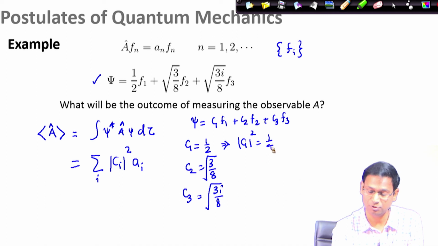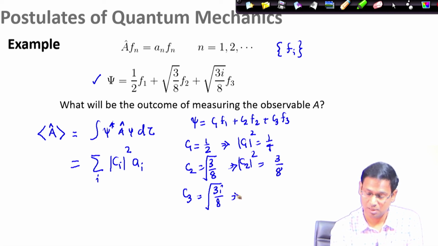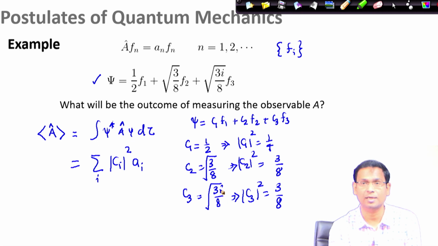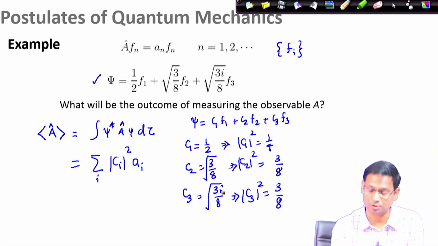This is 1 by 4. What would be the absolute value of c_2 squared? 3 by 8. c_3 squared is also going to be 3 by 8. Remember, there is an i, so I have to take c_i star c_i, the complex conjugate. So, that would be 3 by 8.